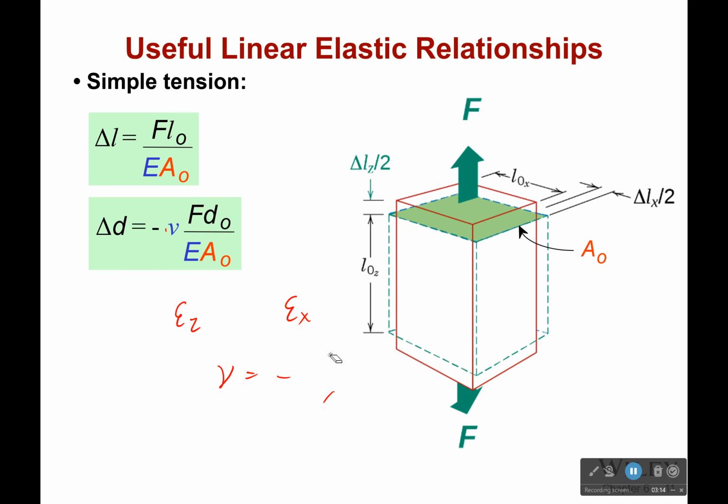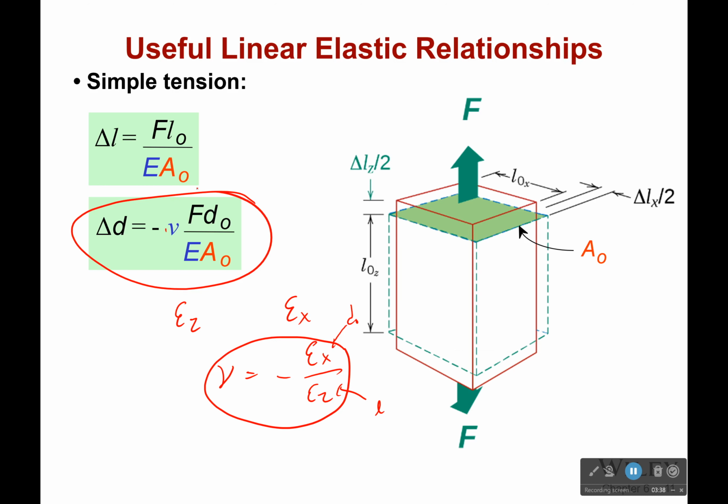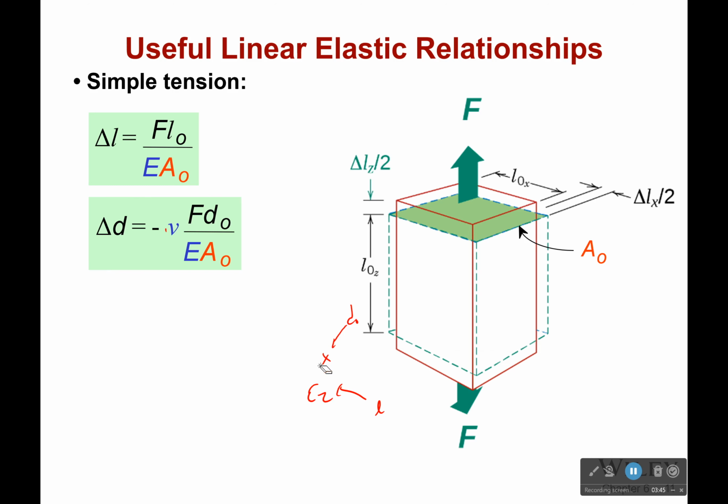And I did it in the wrong order. Always do. This is the d naught, like the diameter dimension, and this one is the length dimension. They should always come out positive because one of these is going to be negative and the other one is positive. And so this is how it's connecting together. We're using this to connect our strain equations, and through several steps we arrive at this equation right here. So this shows you where it comes from. You don't have to memorize where it comes from though. I don't want you to think that. Just make sure you're writing down these equations. They are also given at the end of your chapter.